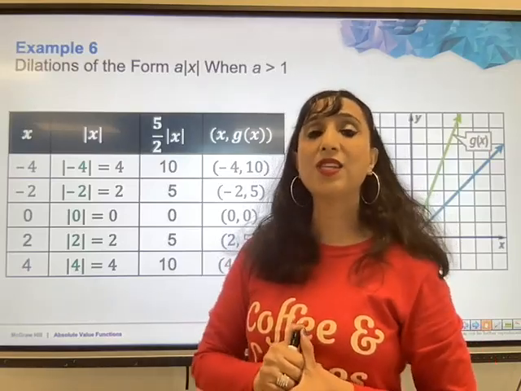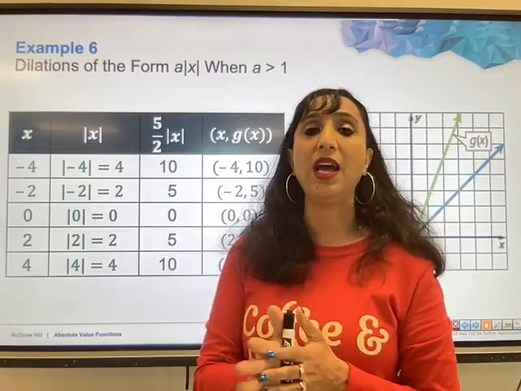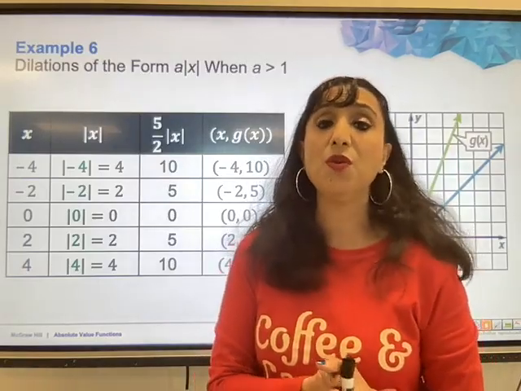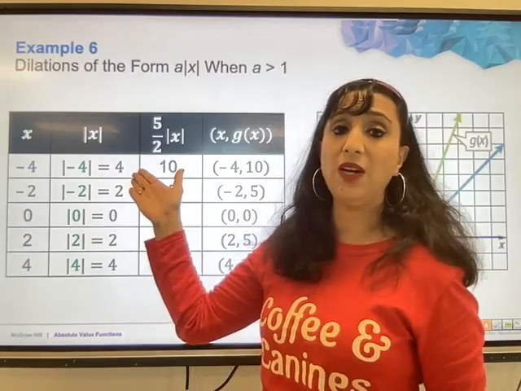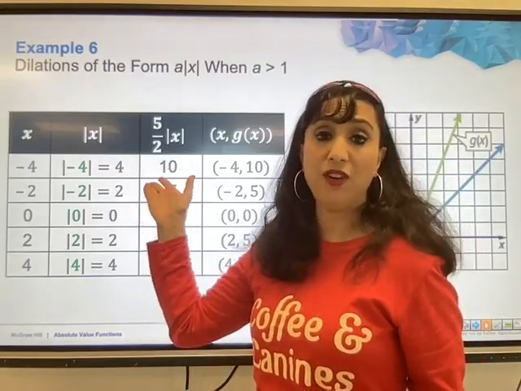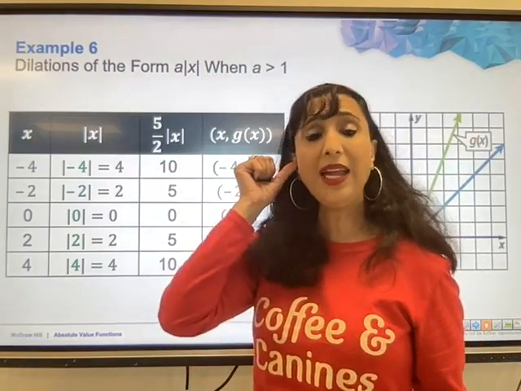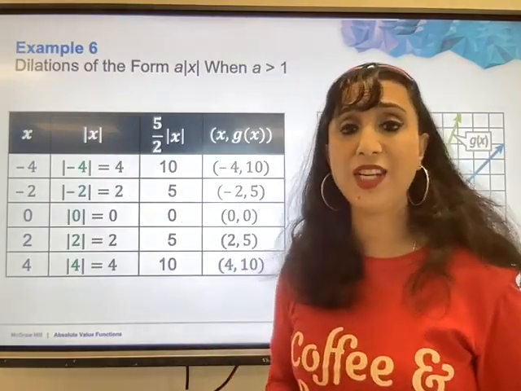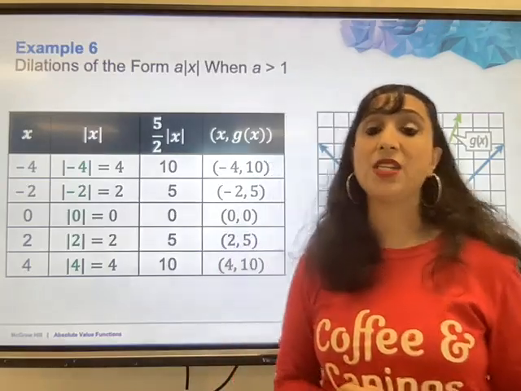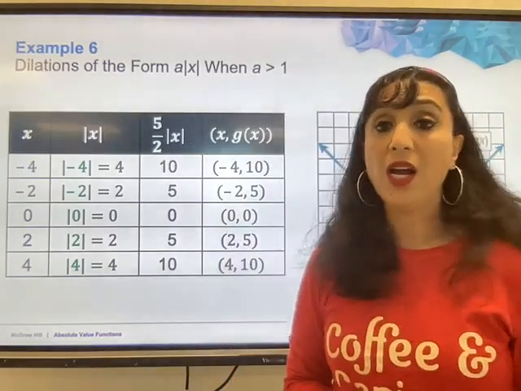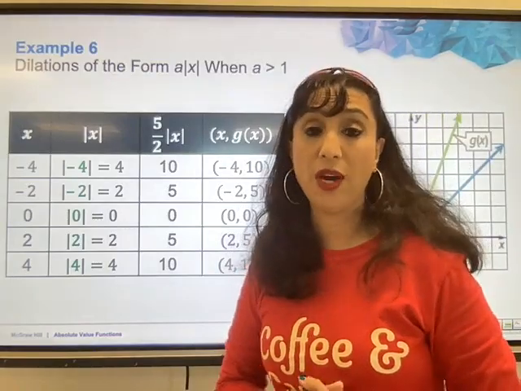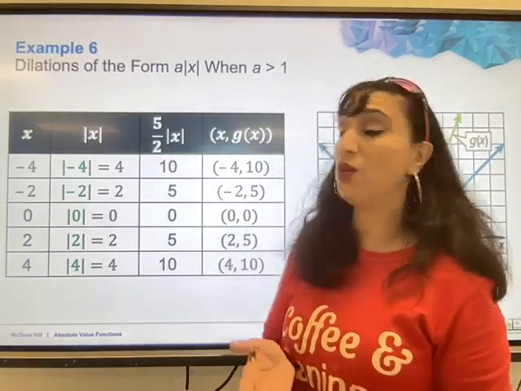Okay, next we are going to multiply 5 over 2 by the absolute value of x that we just found. If I do 5 times 4, that is 20, and 20 divided by 2 gives me 10.